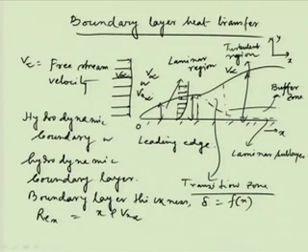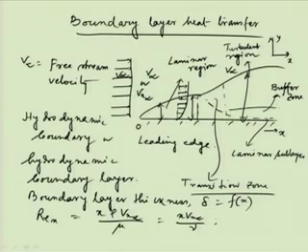This is the free stream velocity along the x direction. So Rex is x rho Vx infinity by mu, or equal to x Vx infinity by nu. This nu is the momentum diffusivity.